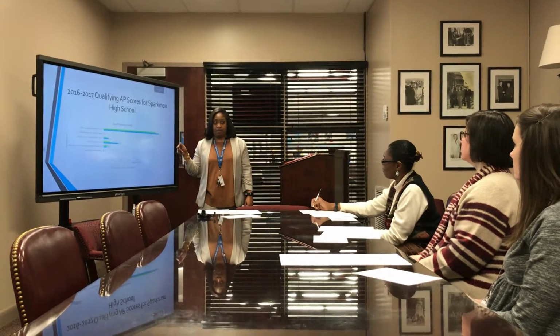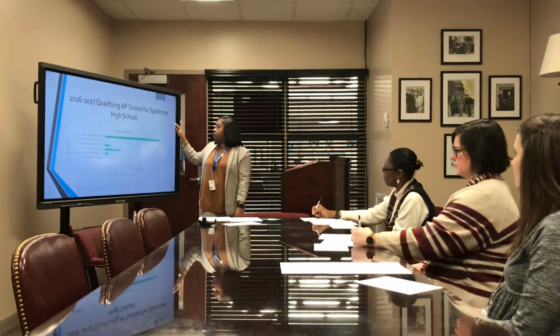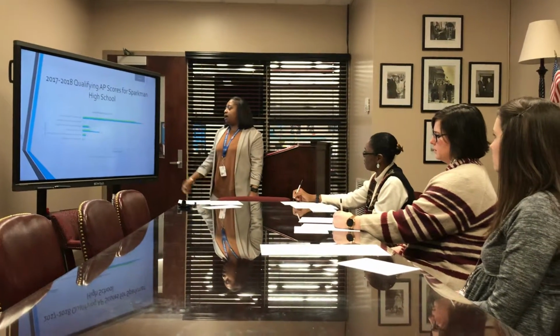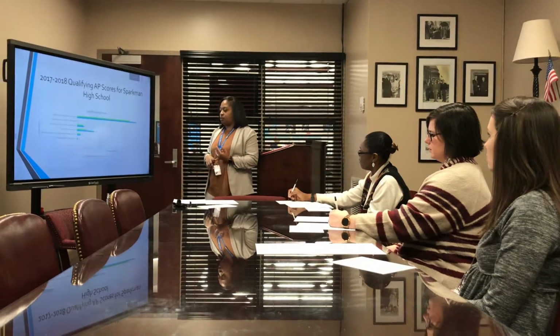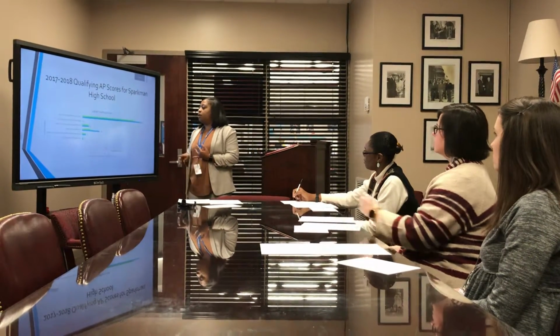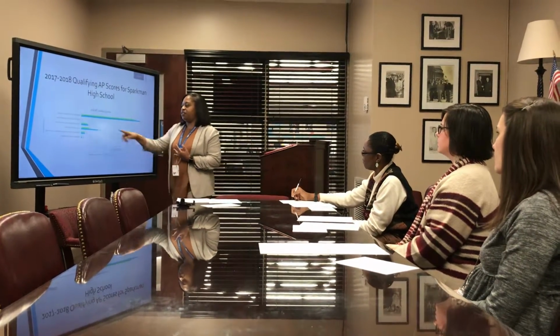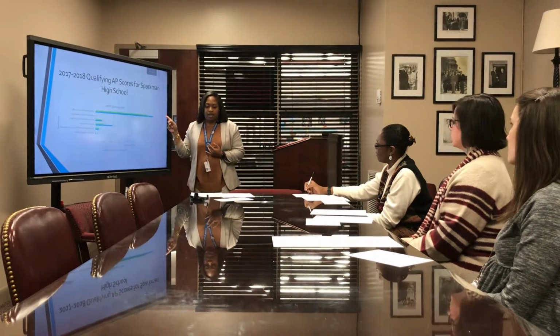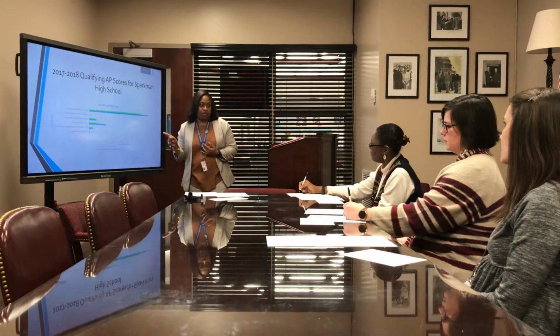Just think about these numbers. And then last year, which was my first year being the AP coordinator, 2017-18 school year, there were 350 qualifying scores for our white students, and then 52 for our African American students. So that percentage would be 75% and 11%.